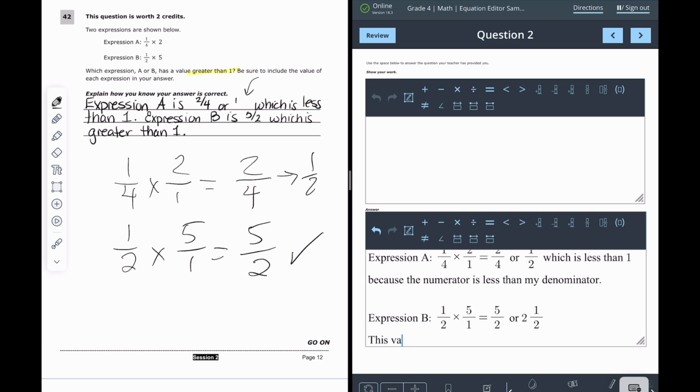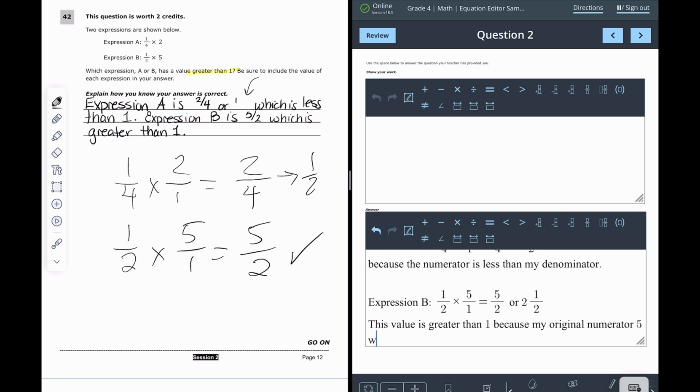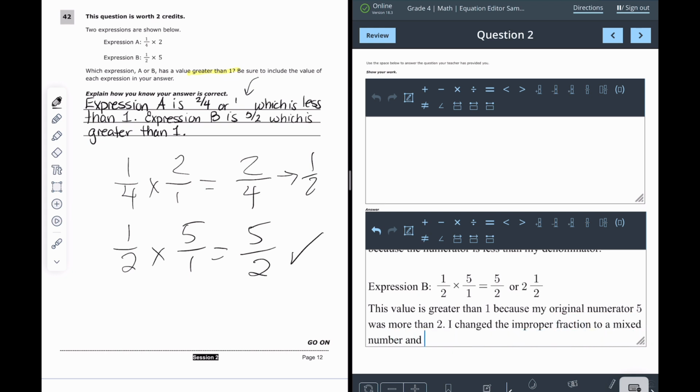This value is greater than 1 because my original 5 was more than 2. I changed the improper fraction to a mixed number, and 2 and a half is greater than 1.